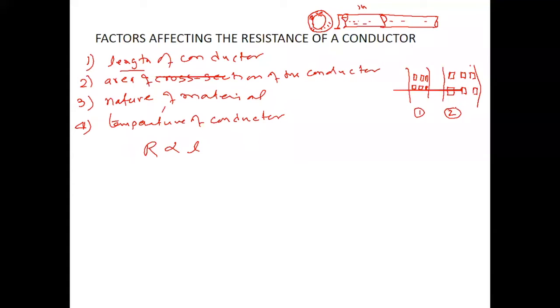Yes, second. So same now, if you think this is a conductor, these are the electrons. That means resistance is inversely proportional to the cross section of the conductor. So we can say resistance is directly proportional to L by A.